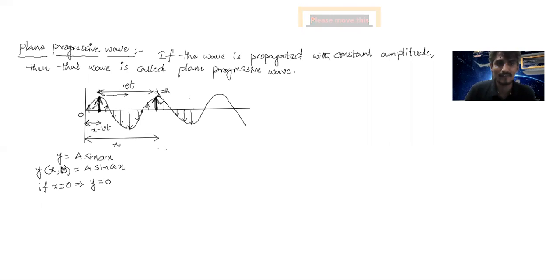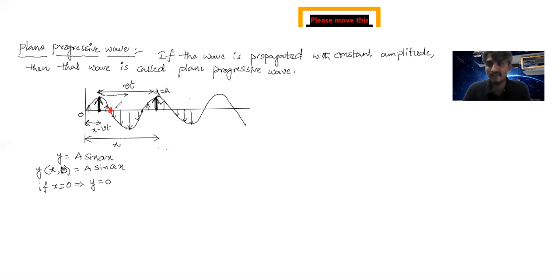After what distance again will we get y value as 0? Observe here in this diagram. After lambda by 2 distance. Yes or no? Why? Because I already told you what lambda is, the wavelength.